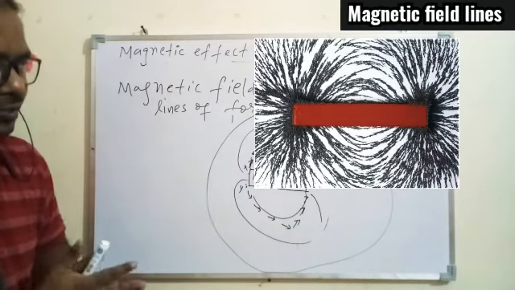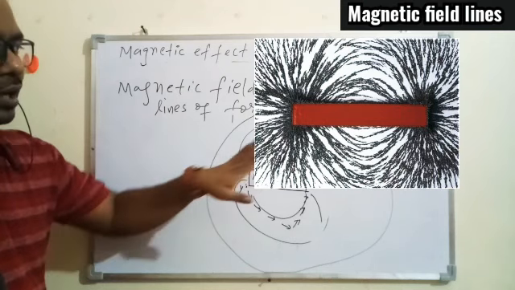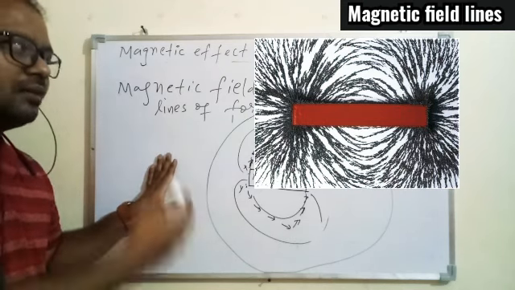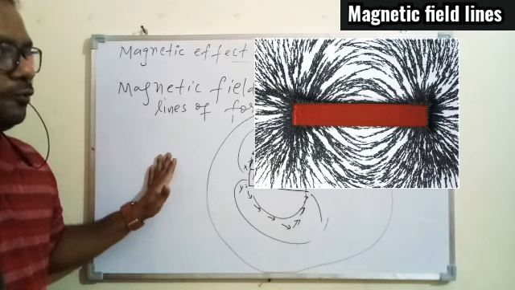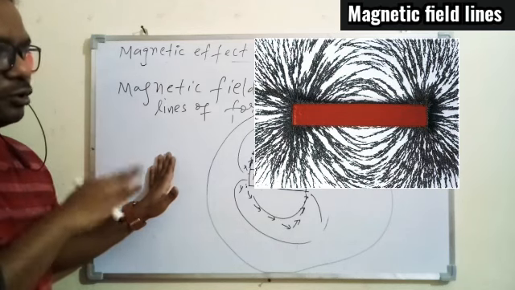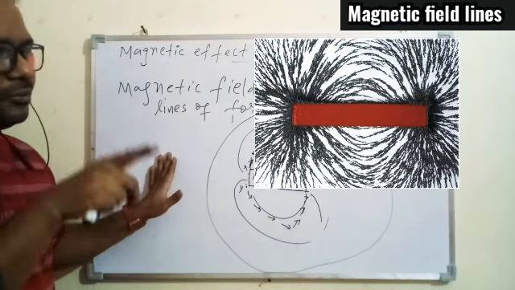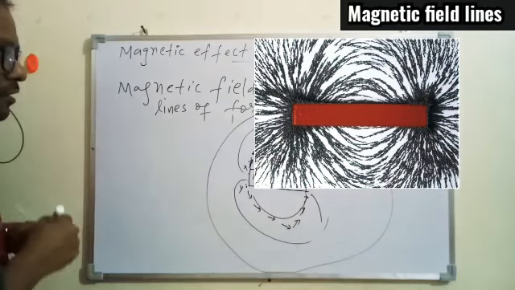So here you can see on the picture that I am trying to show how the magnetic field lines look like for a given bar magnet. On this picture you can see the magnet is there at the center with north and south, and how the different lines are visible, and that is done with the help of iron filings.